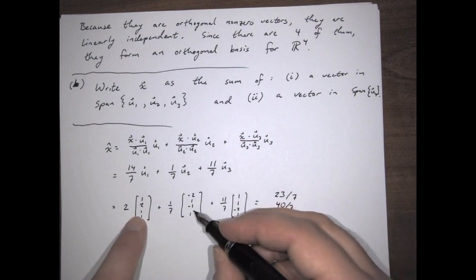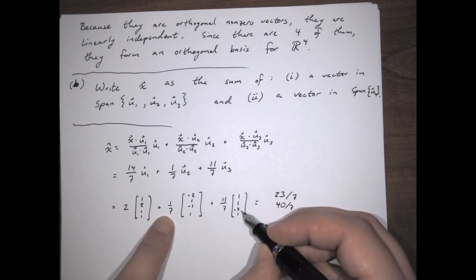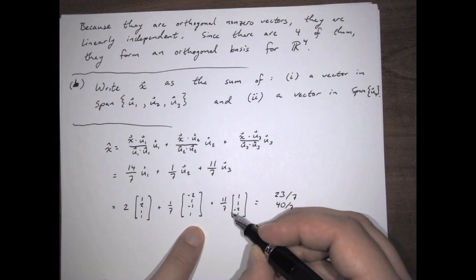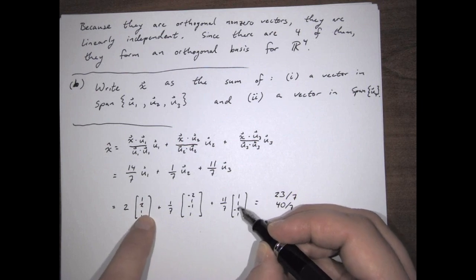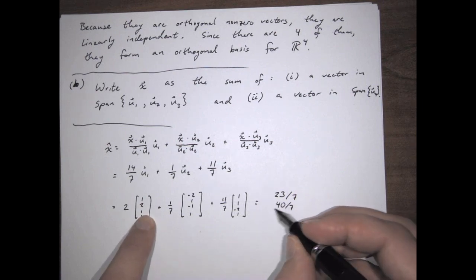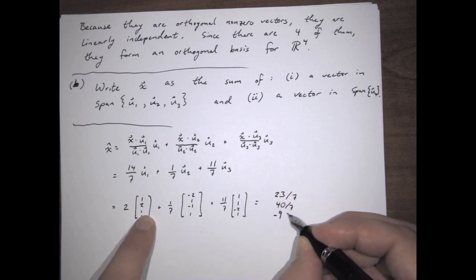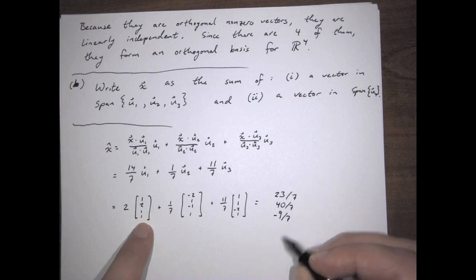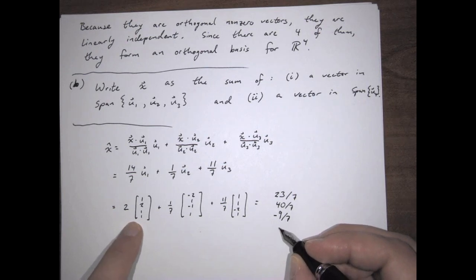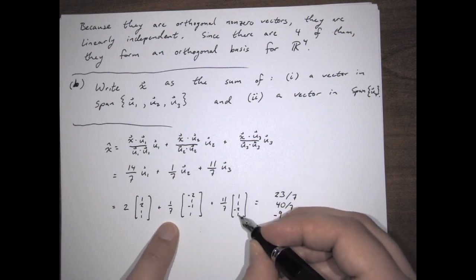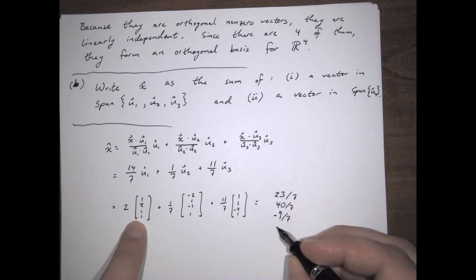And here we're going to have 2 minus 1/7 minus 22/7, so it's going to be negative 23/7 plus 2, which is 14/7, so that's going to equal negative 9/7. And then finally we're going to have 2 plus 1/7 plus 11/7, so that's going to be 12/7 plus 14/7.